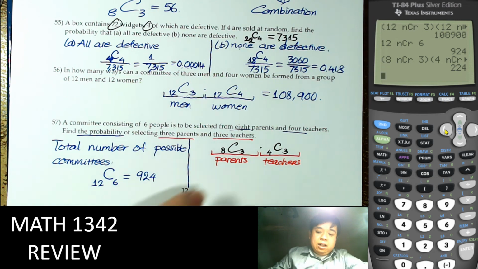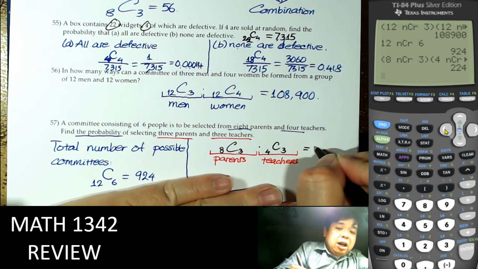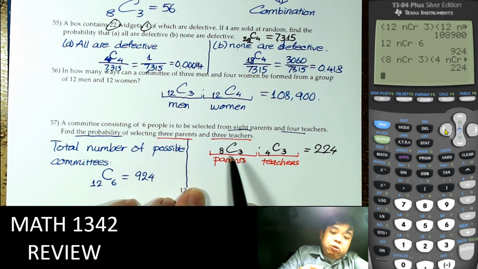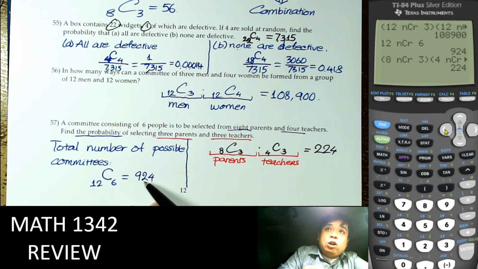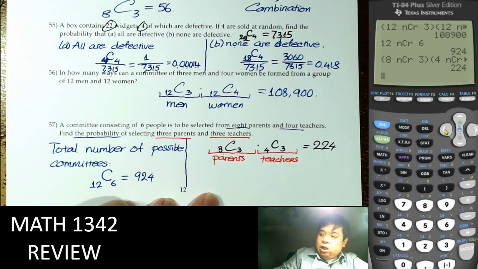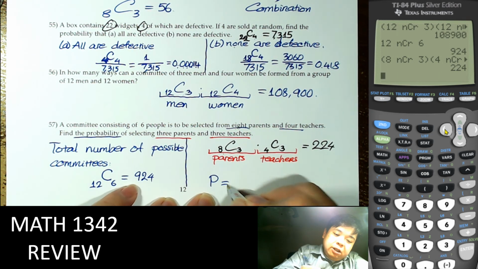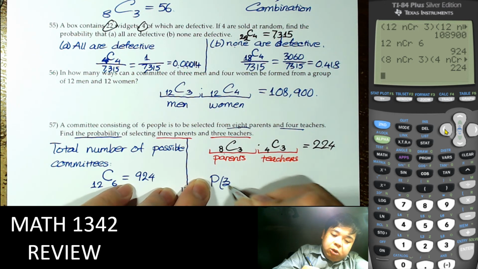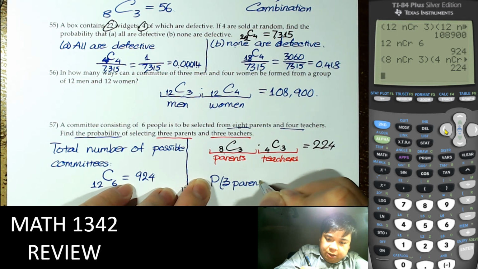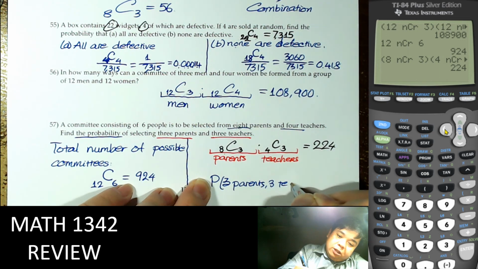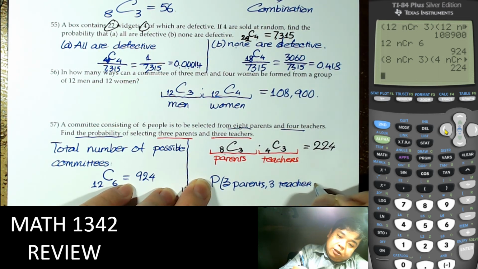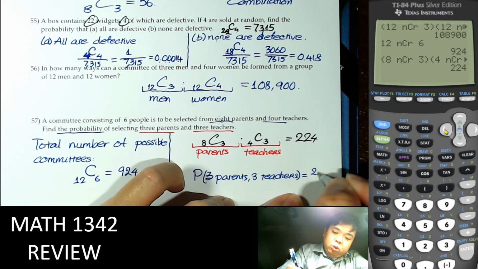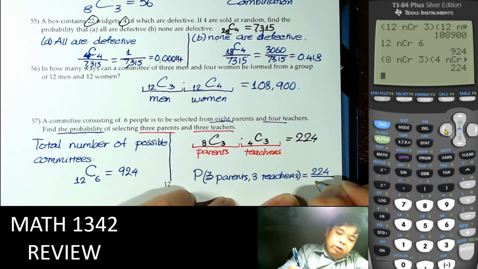Right, and that gives us 224. So there are 224 possible committees of 3 parents and 3 teachers over the total possibility of 924. So that is the probability of 3 parents and 3 teachers: 224 over 924.